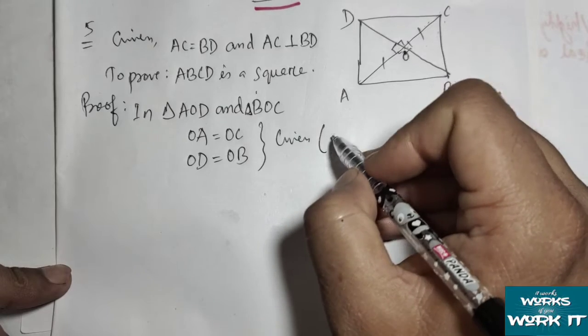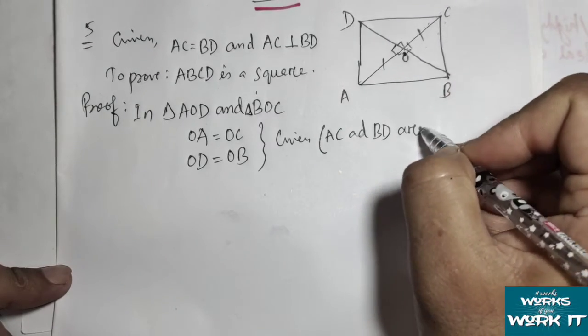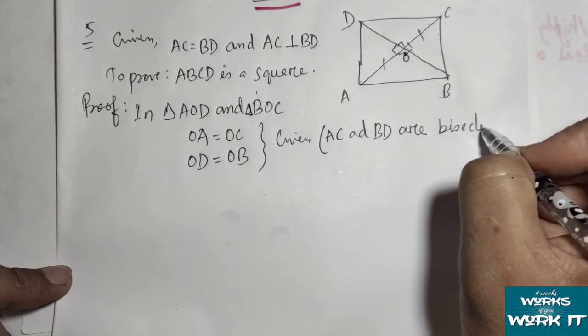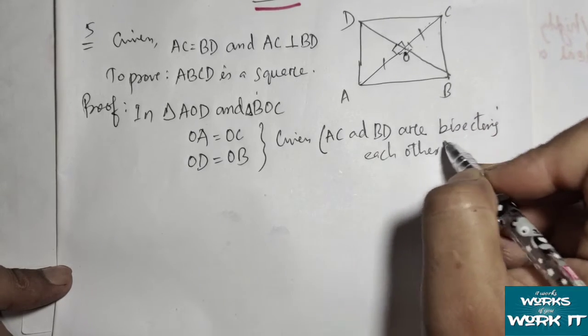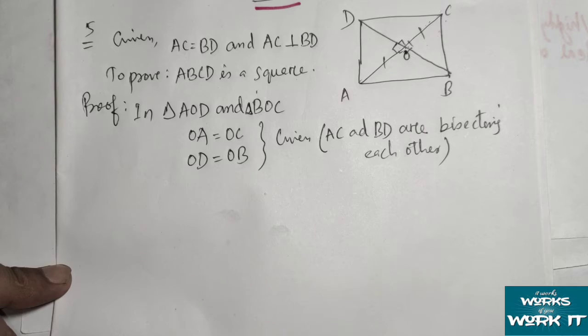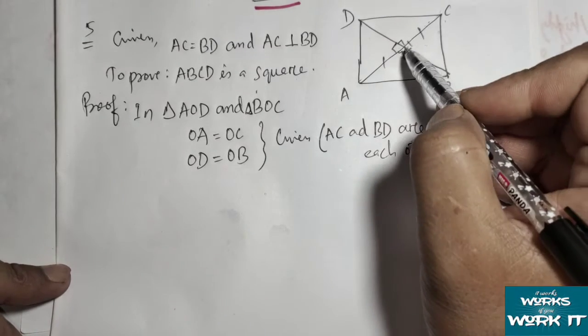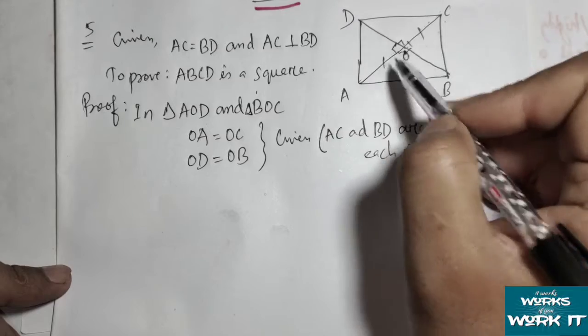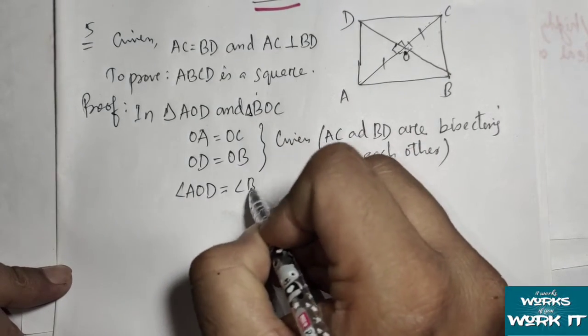Else you can write AC and BD are bisecting each other. Okay, so the next thing, the last thing that we need, is angle AOD. Angle AOD will be equal to angle BOC.